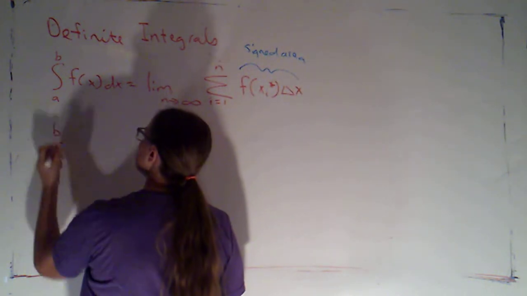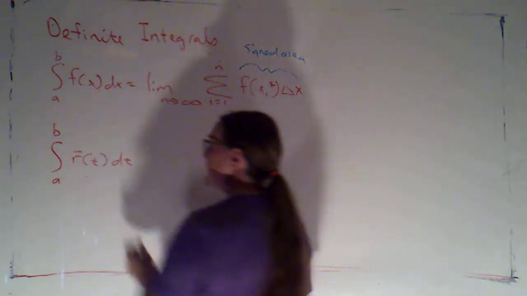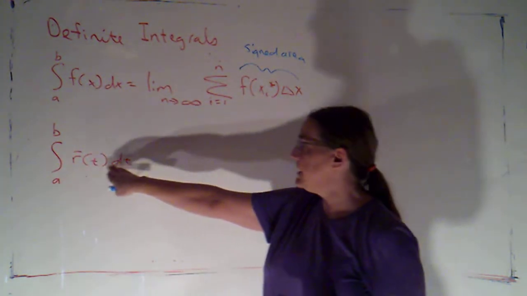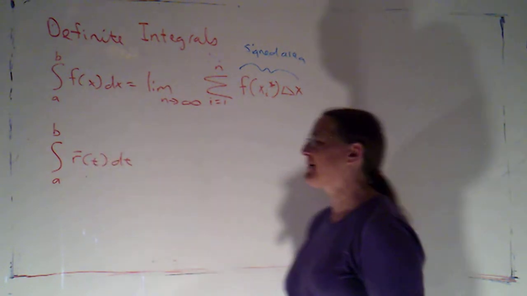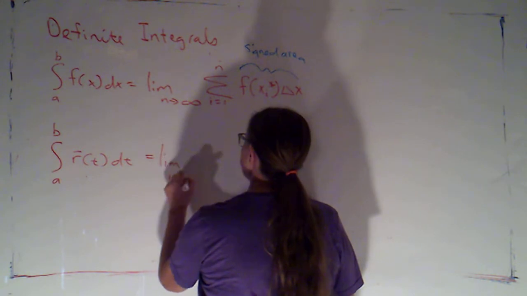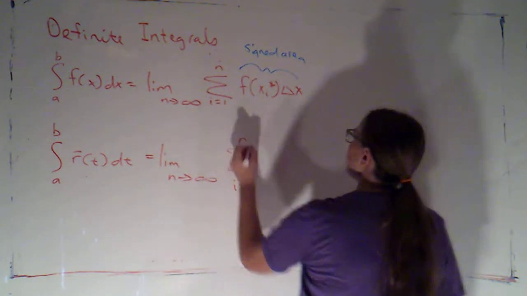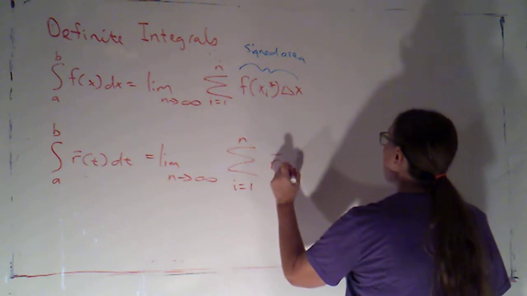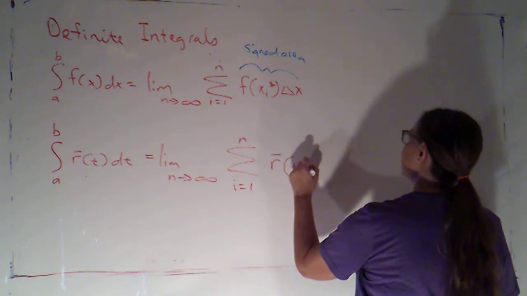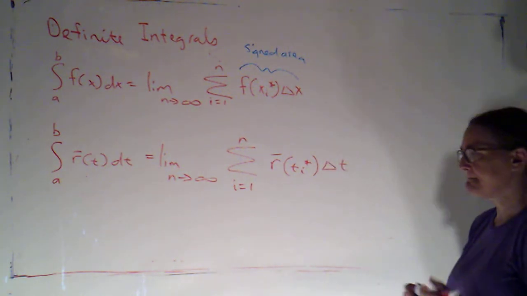So if I had the integral from a to b of r of t dt, it would have to be dt because my input variable is the parameter t. Does this make sense to talk about the limit as n goes to infinity of the sum as i goes from 1 to n of r of ti star times delta t?